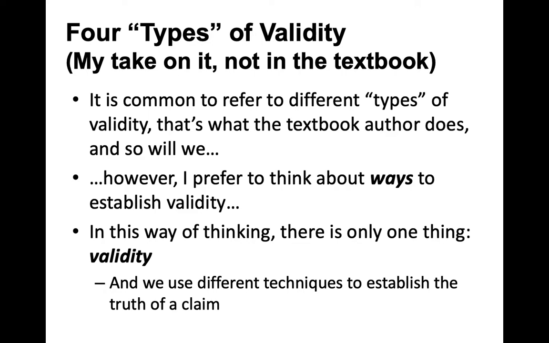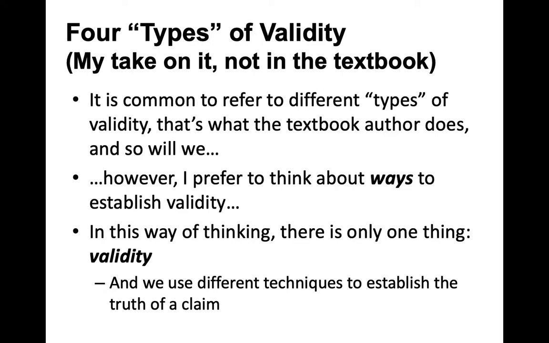This is just me. This is kind of not in the textbooks, but I just did want to make a point of mentioning. It's common to refer to different types of validity, right? Construct validity, internal validity, etc. And that's what the textbook author does, and so will we.